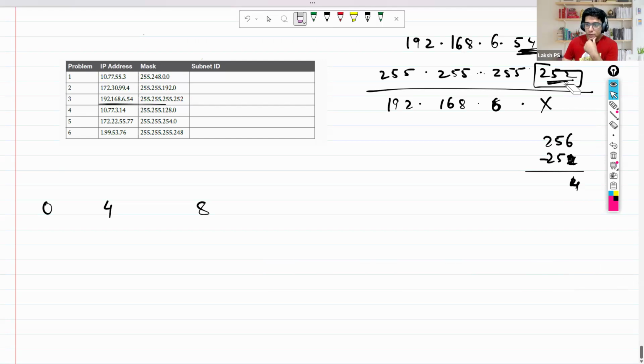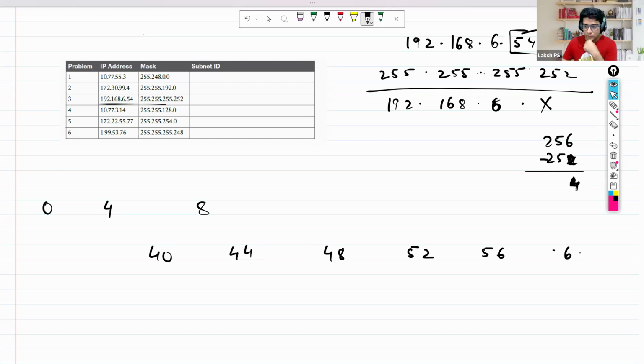Okay, so let's go back to our discussion once again. 256 minus 252 gives us 4. So we will stop at a number which gives us a range where 54 is in between. So 40, 44, 48, 52, 56, then 60.